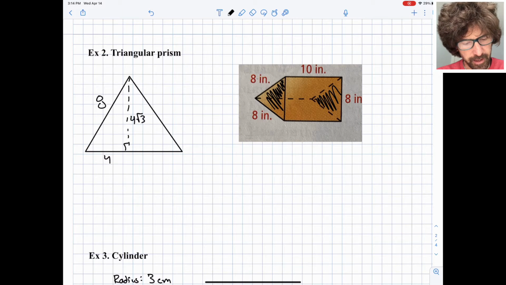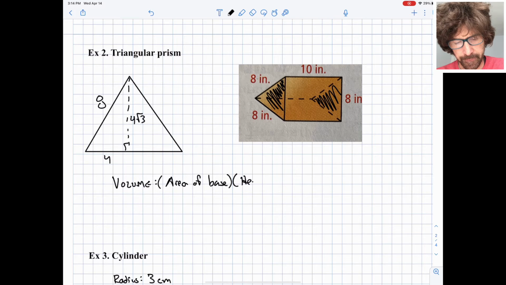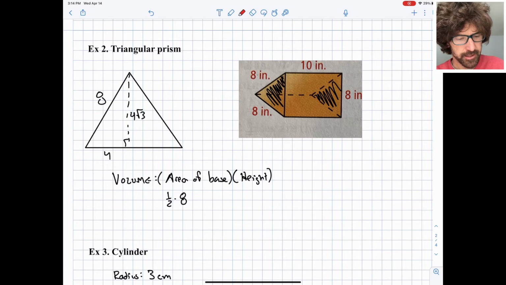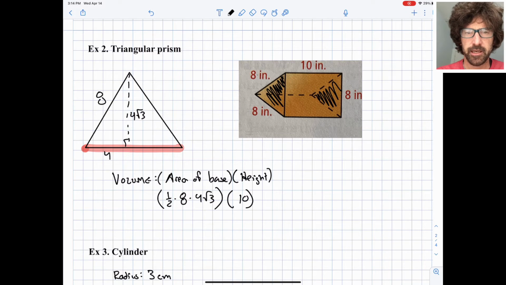So when we think about the area of the base, and let me write all this out, the volume is going to be the area of the base times the height. So the area of the base is going to be 1/2 times the base of my triangle, which is 8, that's this base right there, times the height, which is 4√3, and that's all going to be multiplied by the height of the prism, which is 10.